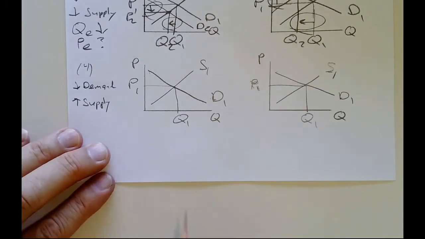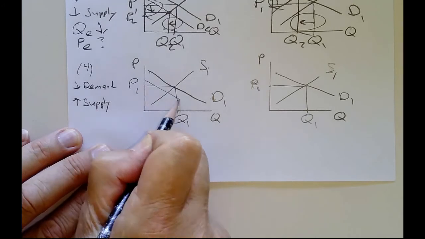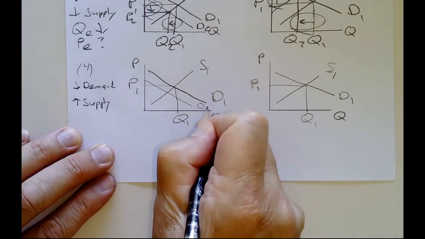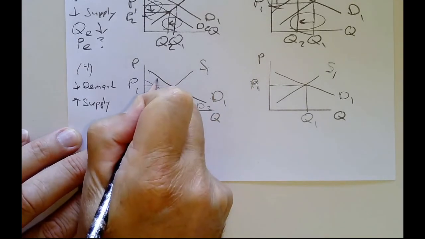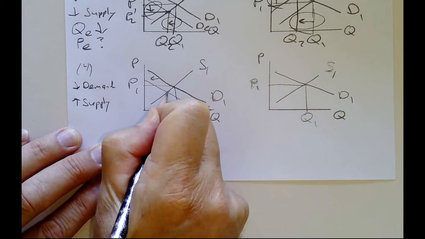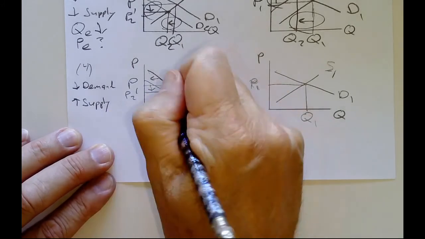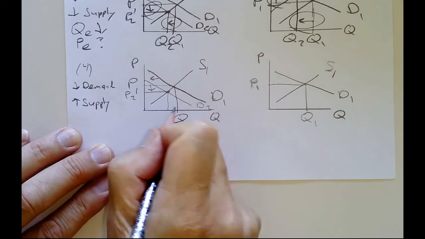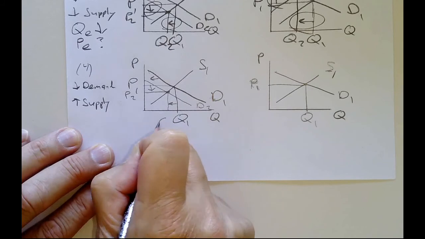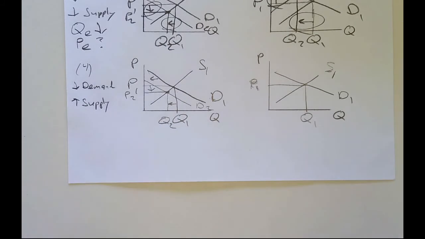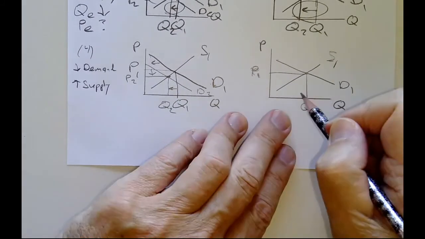Decreased demand means it shifts inward to the left. Price comes down, quantity comes down. Higher supply shifts out to the right.